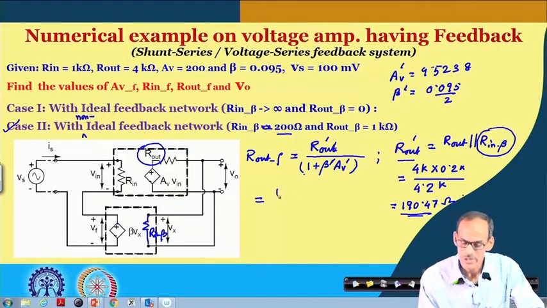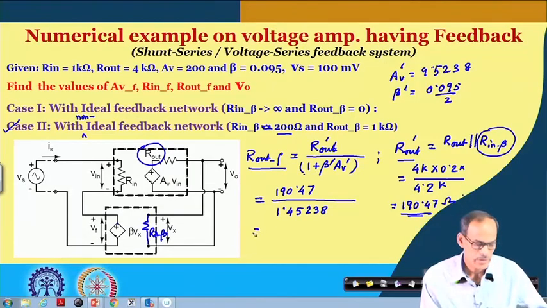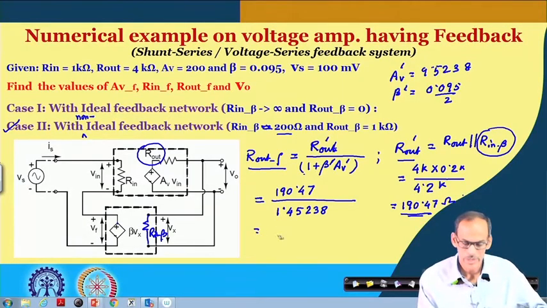So, that gives us R out F equals 190.47 divided by 1.45238. In fact, this is equal to around 131 ohms only.